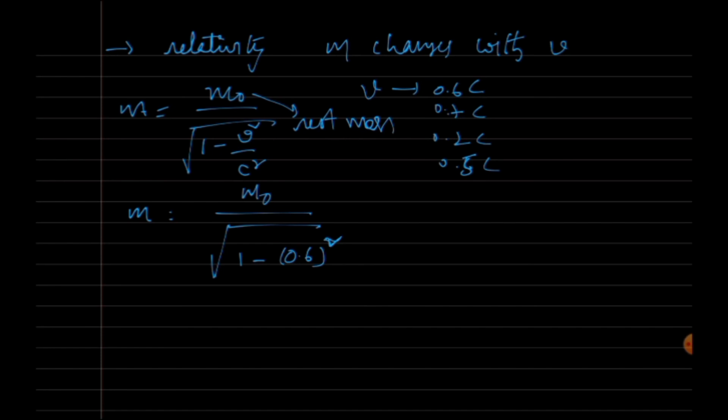So if this value increases, let's say 0.7, then what happens? The denominator decreases, obviously the numerator increases.